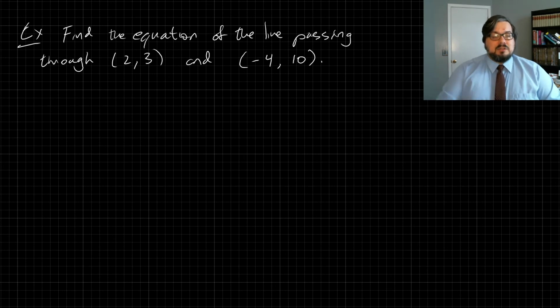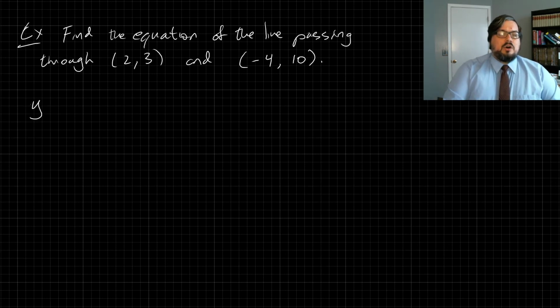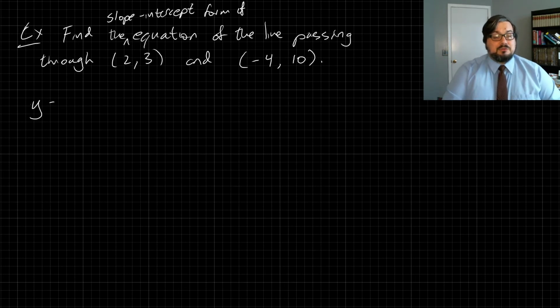So in this problem, I should specify we want the point slope form. Slope-intercept. I'm getting ahead of myself. We want the slope-intercept form of the equation of the line passing through (2, 3) and (-4, 10).